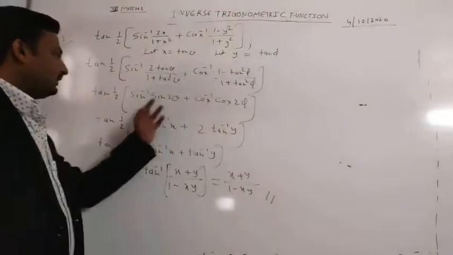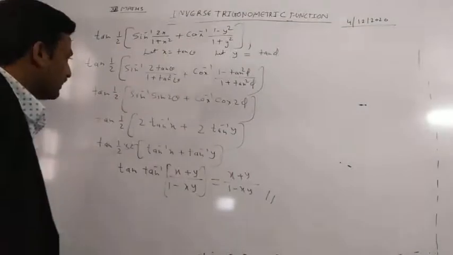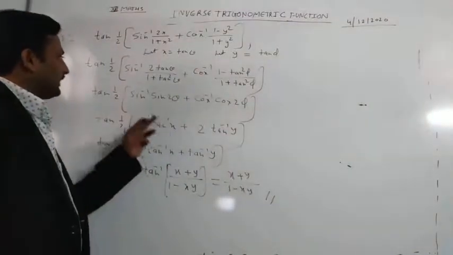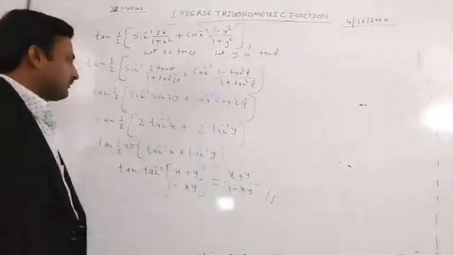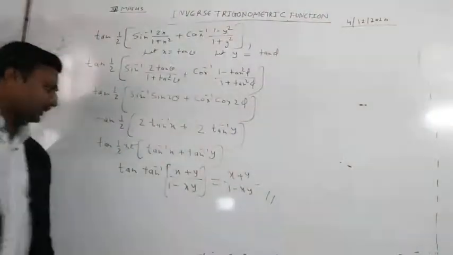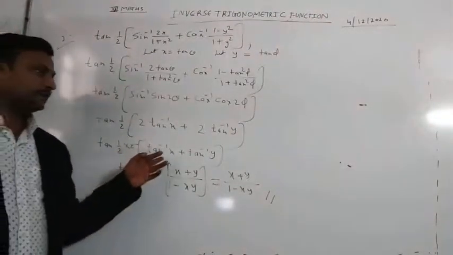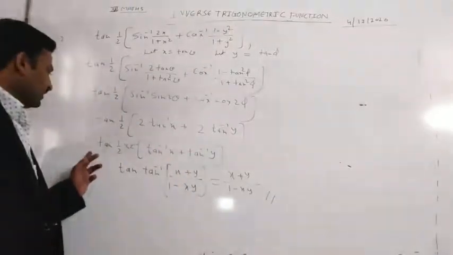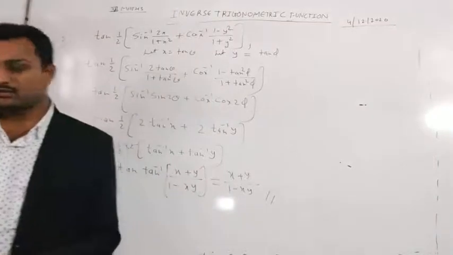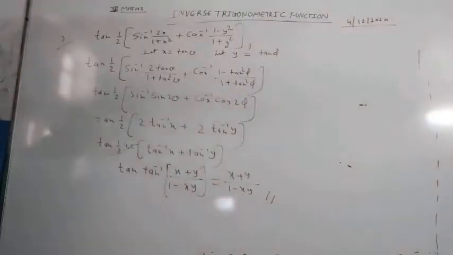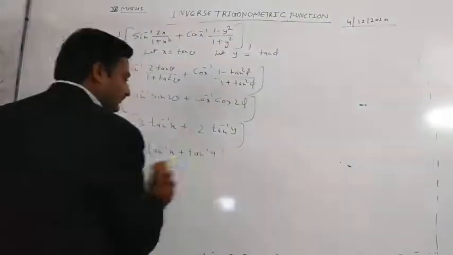So sin and sin will reduce, cos and cos will reduce. We get 2 theta and theta is tan inverse x, and 2 phi with phi as tan inverse y. We will take 2 outside, it will be cancelled, tan inverse x plus tan inverse y. So tan inverse of (x plus y) upon (1 minus xy) will be our answer. Now we will see the next question.